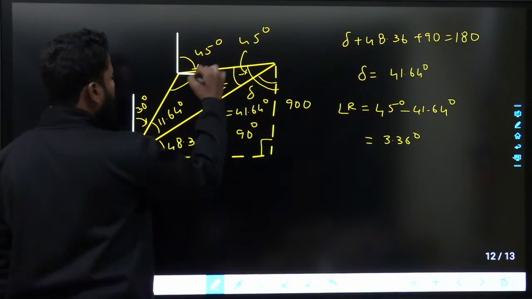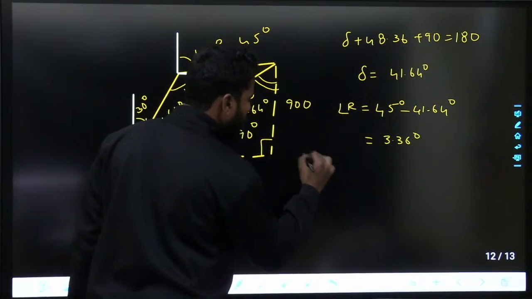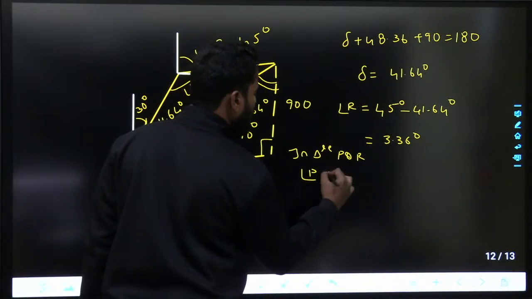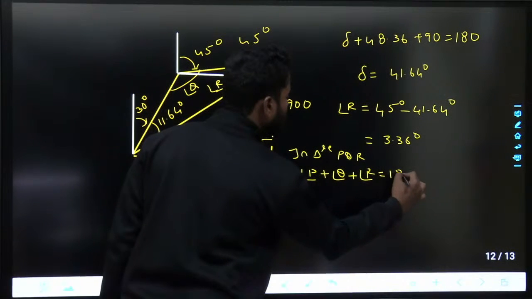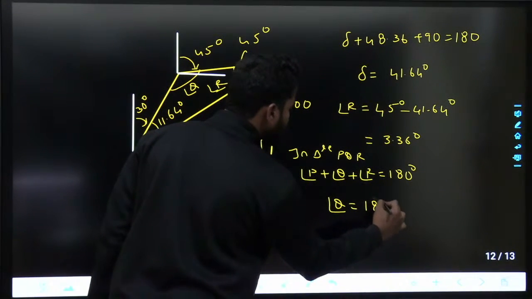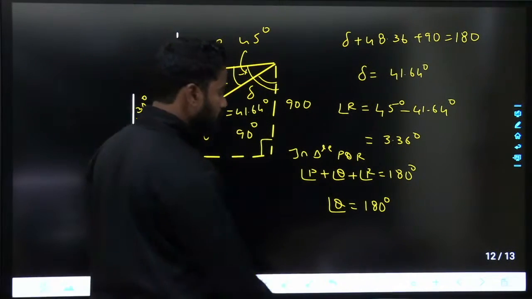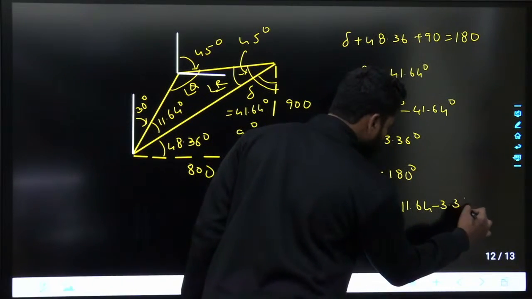Then what would be angle Q? Angle Q, angle in triangle PQR: angle P plus angle Q plus angle R equals 180 degrees. Then angle Q is equal to 180 degrees minus 11.64 minus 3.36.